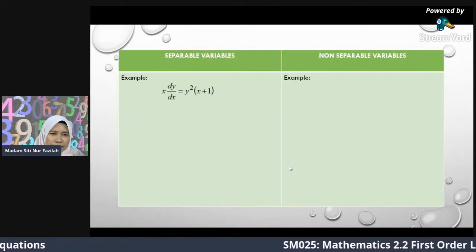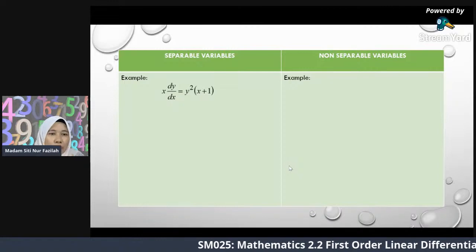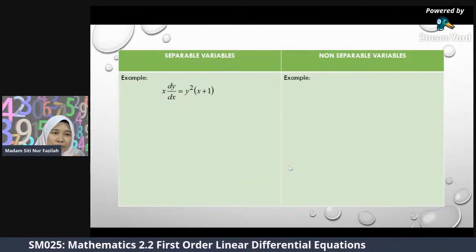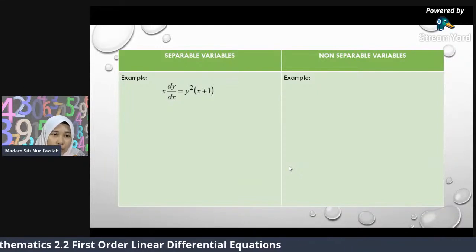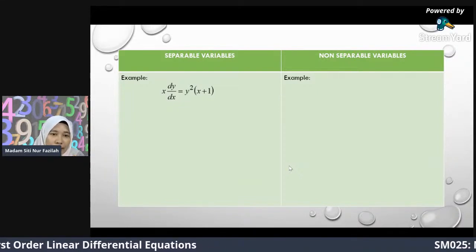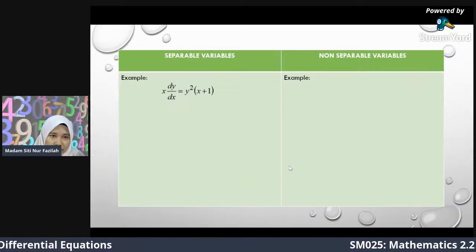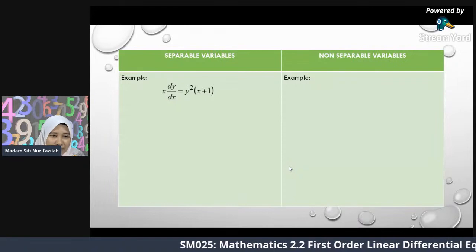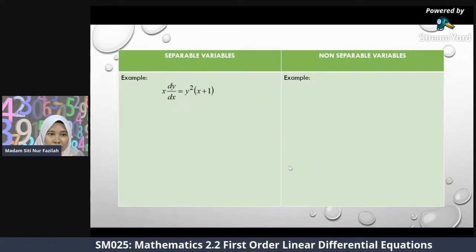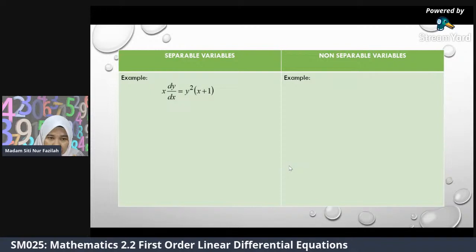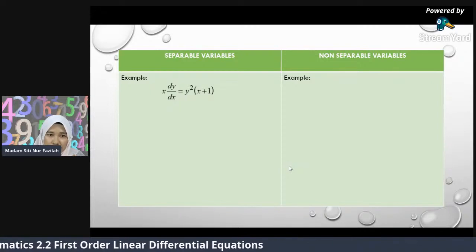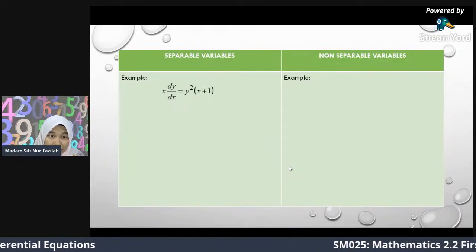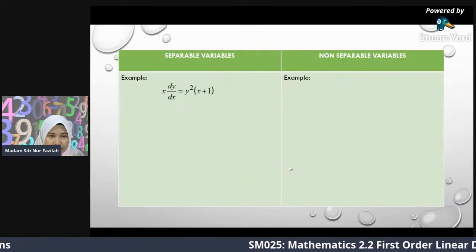Let's see, we have this DE equation: x dy over dx equal y square multiplied with x plus 1. We have learned before the method of separable variable, where we try to separate the function of x and the function of y.